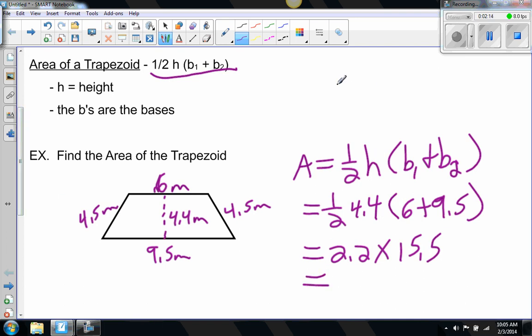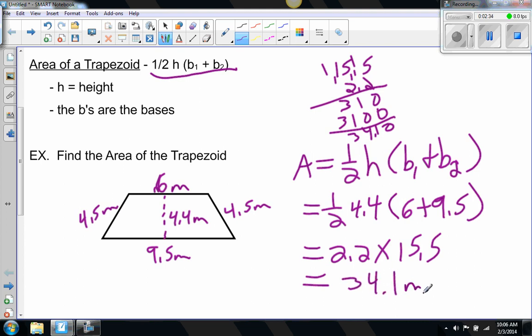If I multiply that together, two decimals, it looks like 34.1.